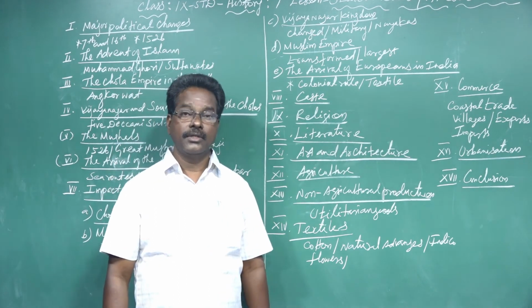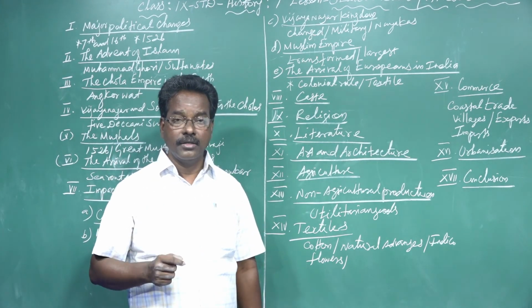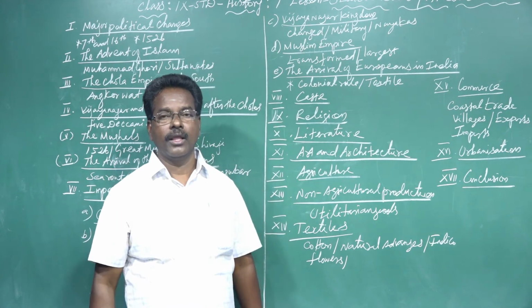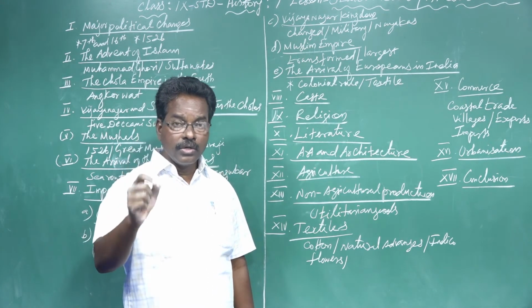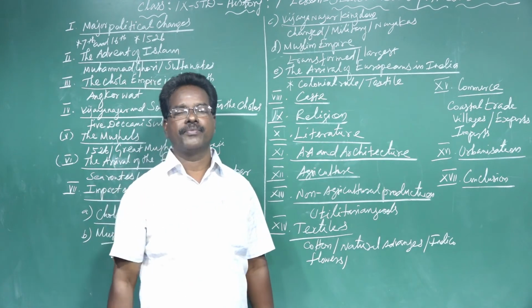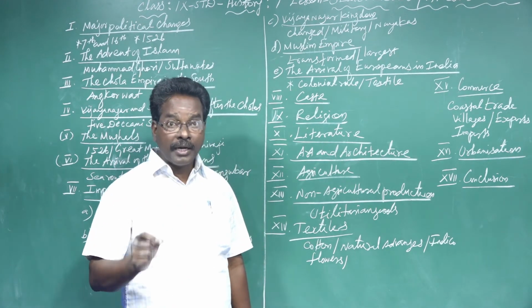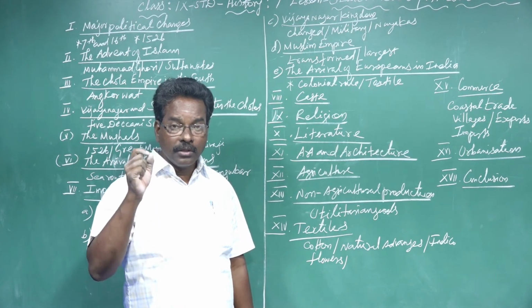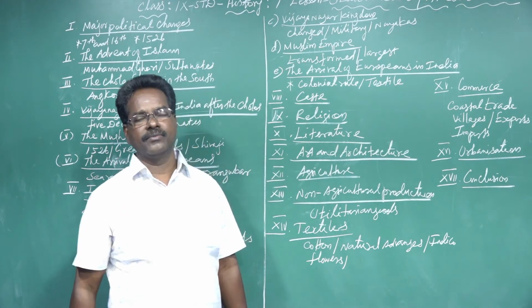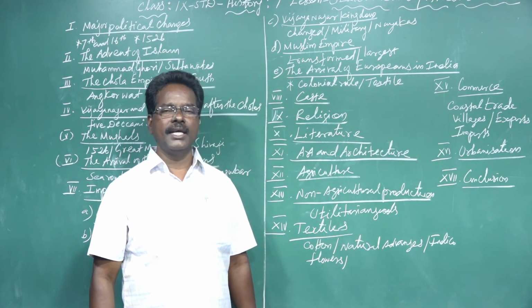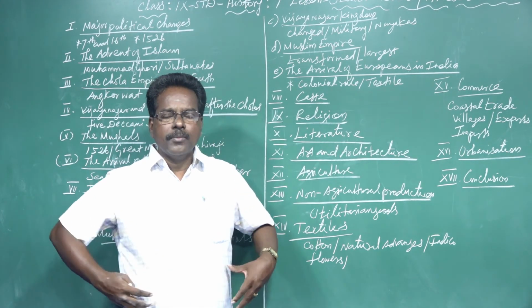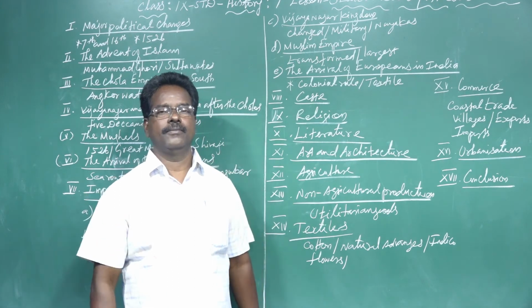Kshatriyas were considered the soldiers of the body. They were called soldiers of the army. They protected both country and people from enemies. Vaisyas were considered the stomach of the body, the central part of the body.